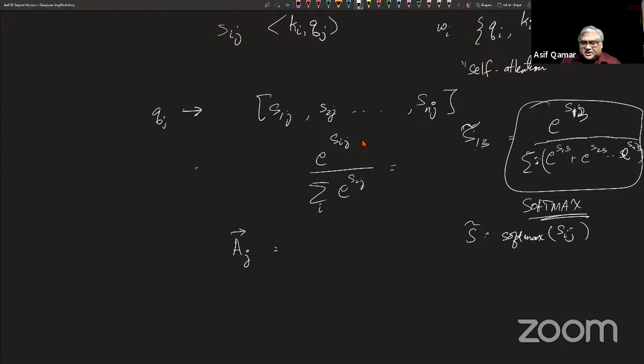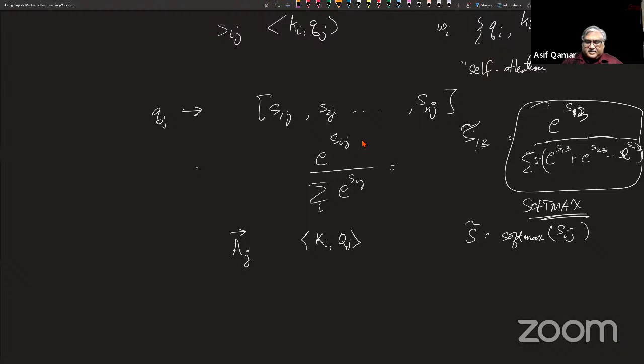Literally, any one term is the dot product of ki and qj, and then you can do it in matrix notation, throwing in your transpose and so on.